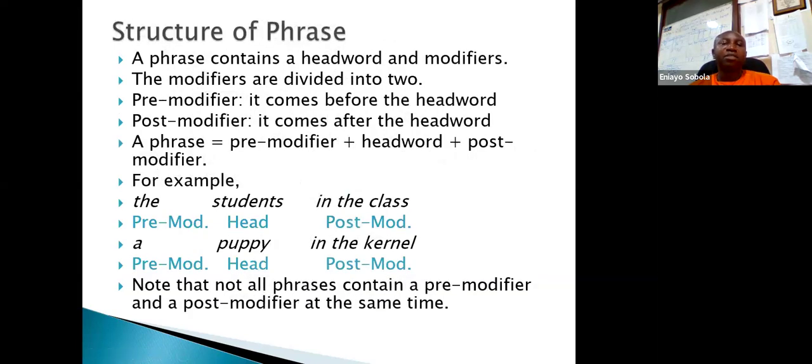It contains a head and a modifier in its structure. And a phrase has a head word as mentioned earlier, and modifier, but the modifiers are divided into two. We have pre-modifier, which comes before the head word, and post-modifier, which comes after the head word. So in the structure of a phrase, we have pre-modifier plus head word plus post-modifier. For example here, the student in the class: the is pre-modifier, student the head word, in the class post-modifier.